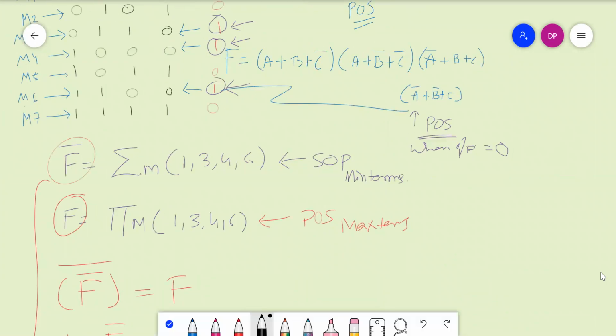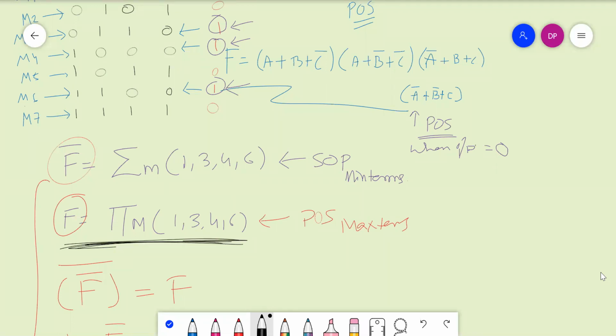So all of you see, right? So for any truth table given, if you complement the output, F is equal to F complement, and you can represent it in terms of min terms.